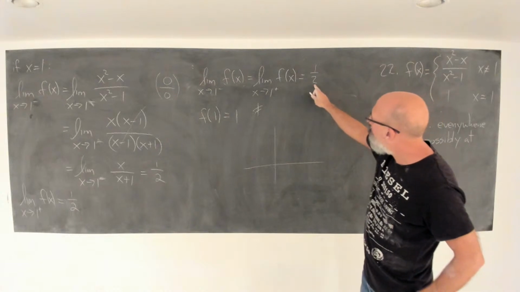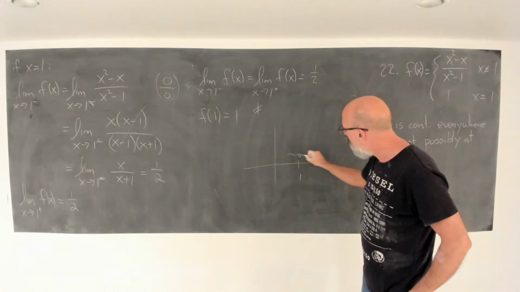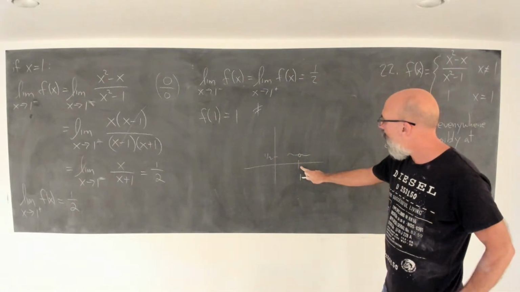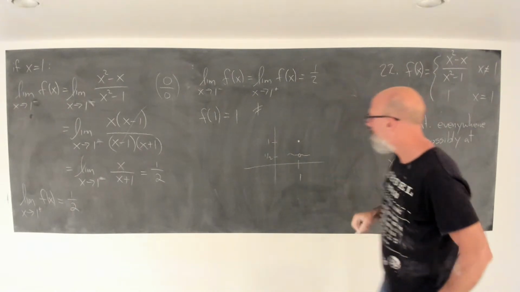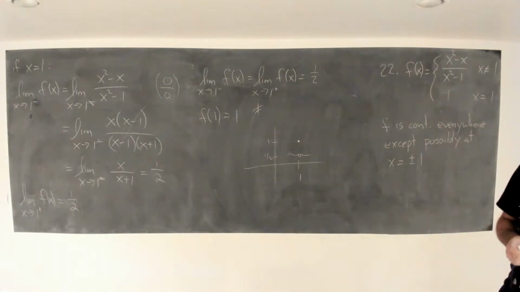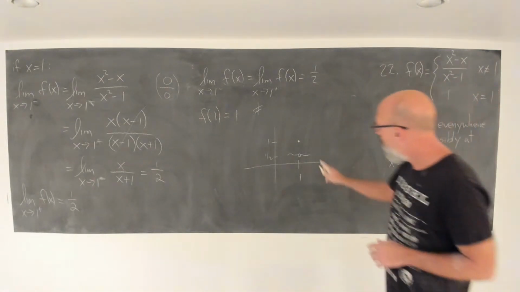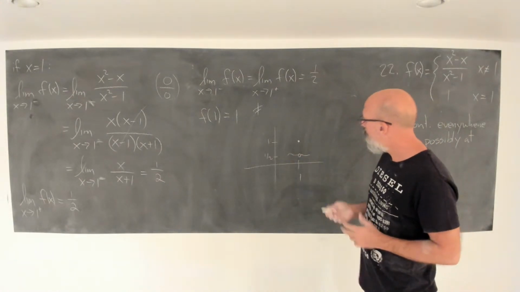What would the graph look like? For values close to 1, your function is close to 1/2. But at 1, your function is 1. So you see why it's not continuous, right? There's this hole here.